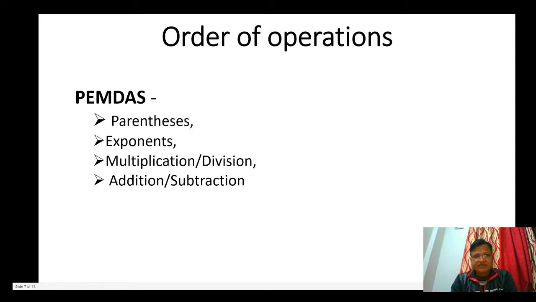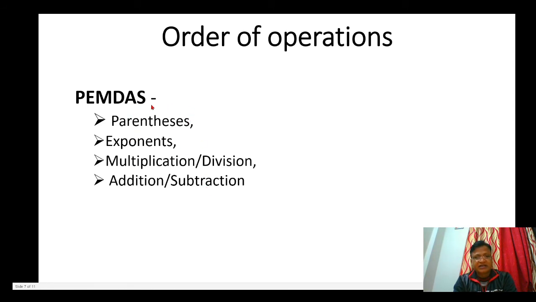Next important thing: whenever we write expressions with various combinations of multiplication, division, addition, subtraction, and power symbol, many times we need to know which operator will be solved first. So here we need to follow a rule, and the rule is PEMDAS. P indicates parenthesis, E means exponent, exponent means a to the power b, M means multiplication, D division, A addition, and finally S subtraction.